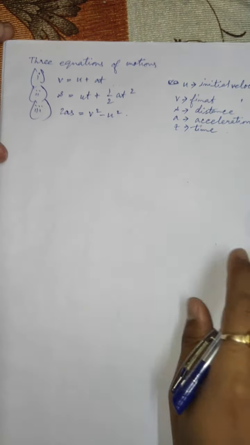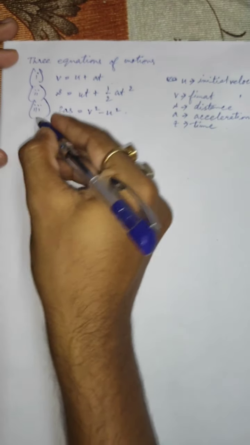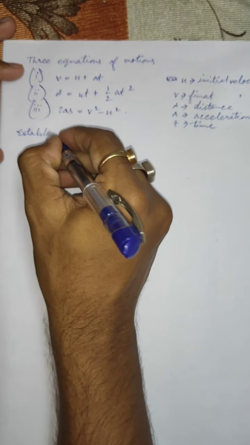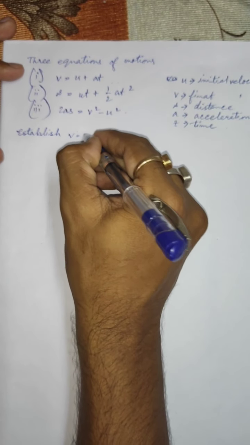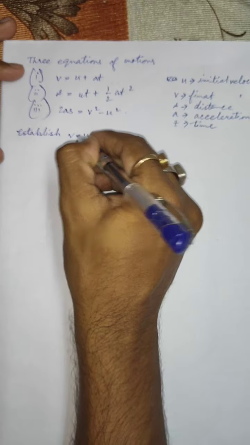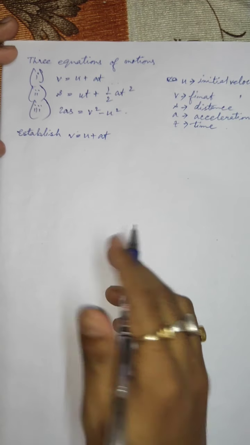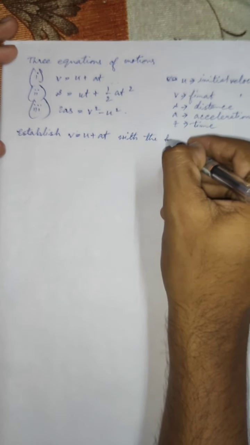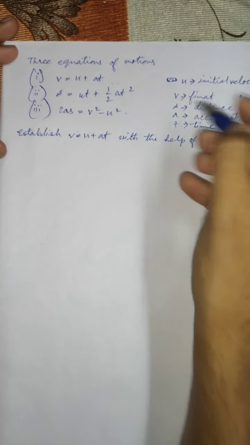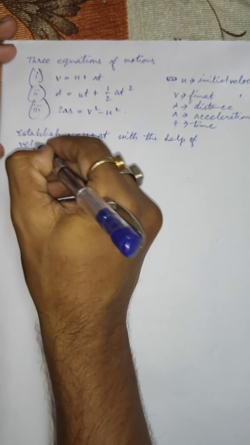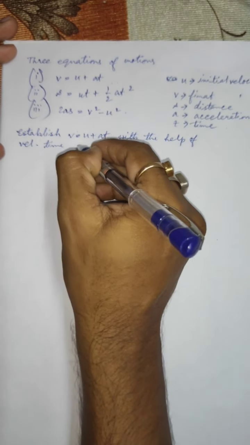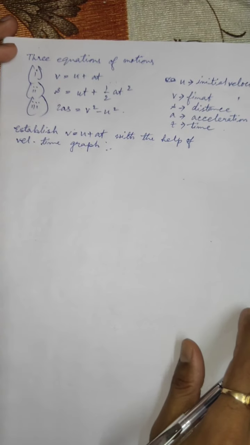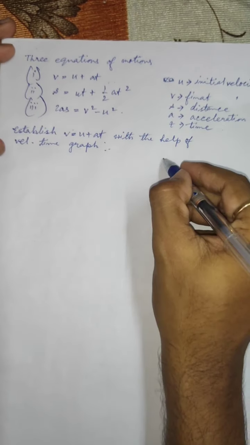How to establish the equation? See, I am establishing with the help of a velocity time graph. Now see, I'm just showing the diagram.